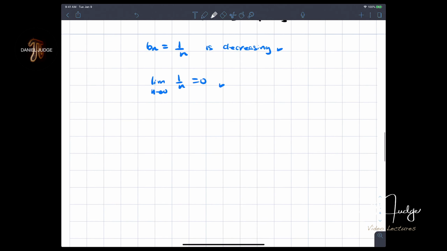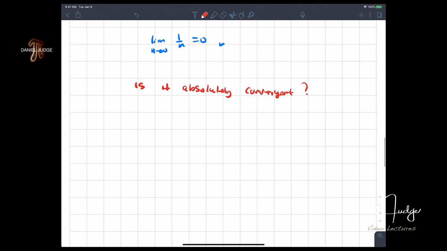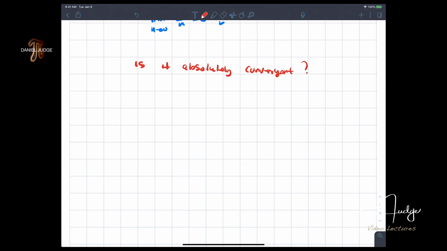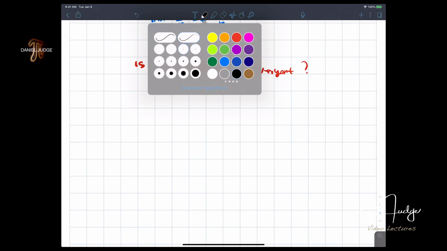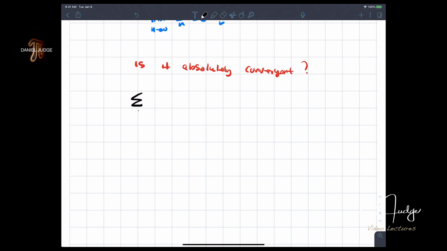Now, if you asked this question, is it absolutely convergent? The answer is going to be, well, let's see. We're now going to take that same series, and you say, what was the series? Well, it's alternating harmonic, sum from 1 to infinity of negative 1 to the n plus 1 over n.